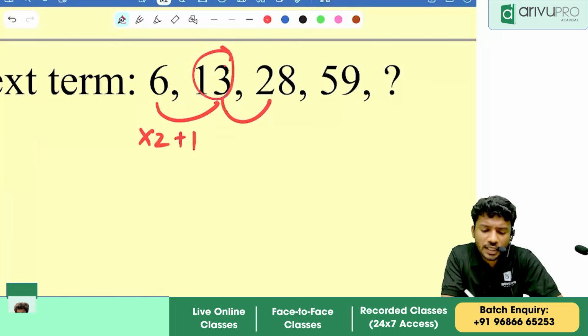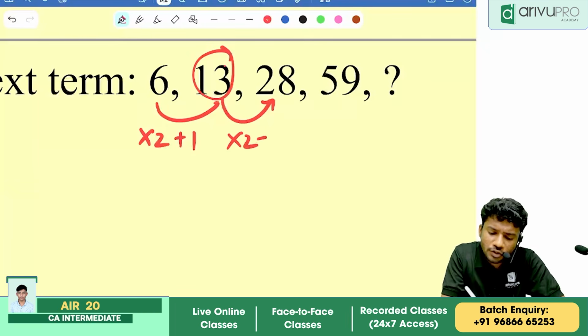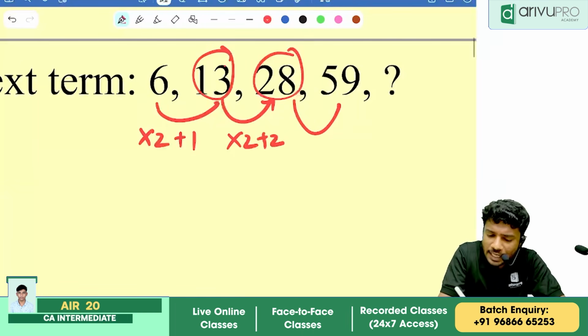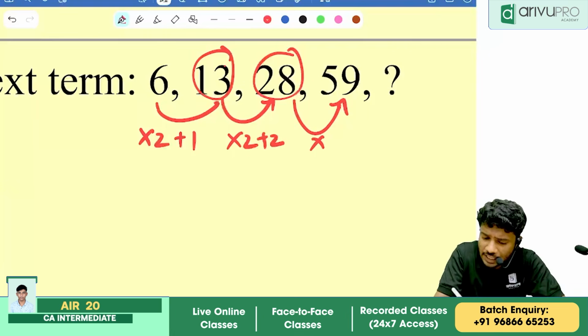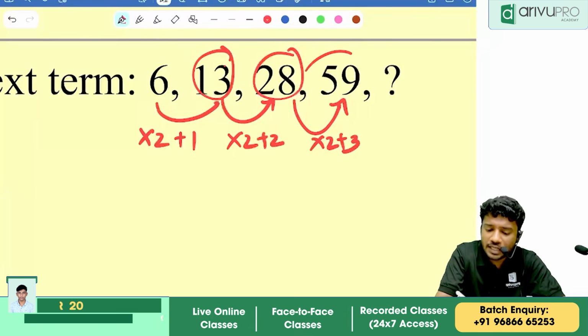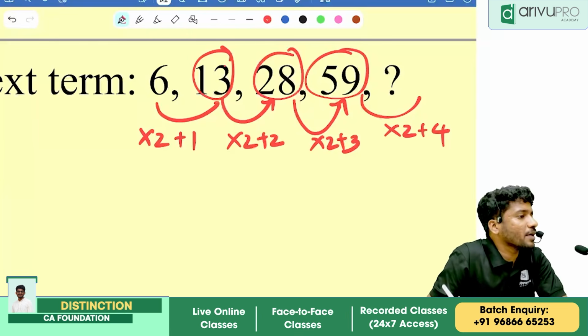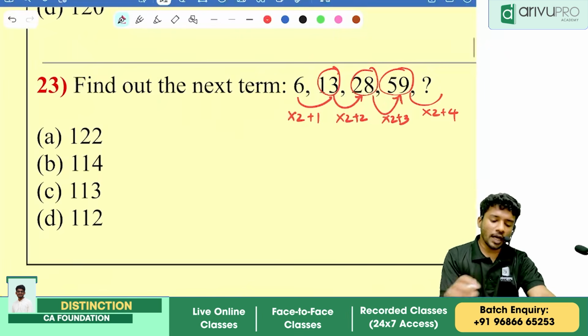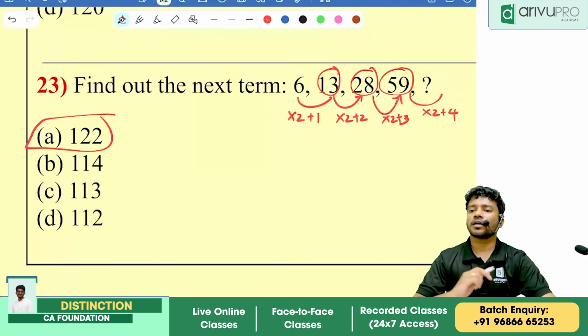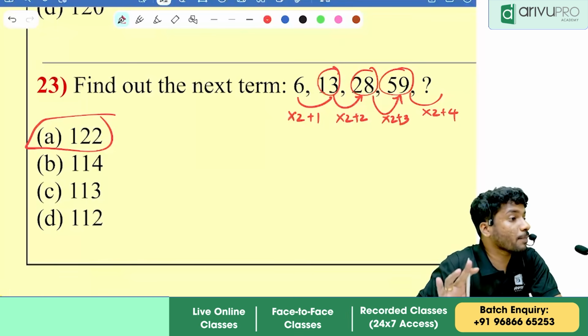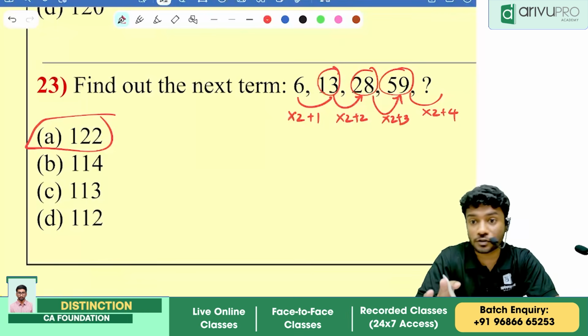Then 13 became 28. 13 into 2 plus 2. 28 became 56. 28 into 2 plus 3. Next one will be what? 59 into 2 plus 4. How much will be the answer, people? 122. Okay, got it?